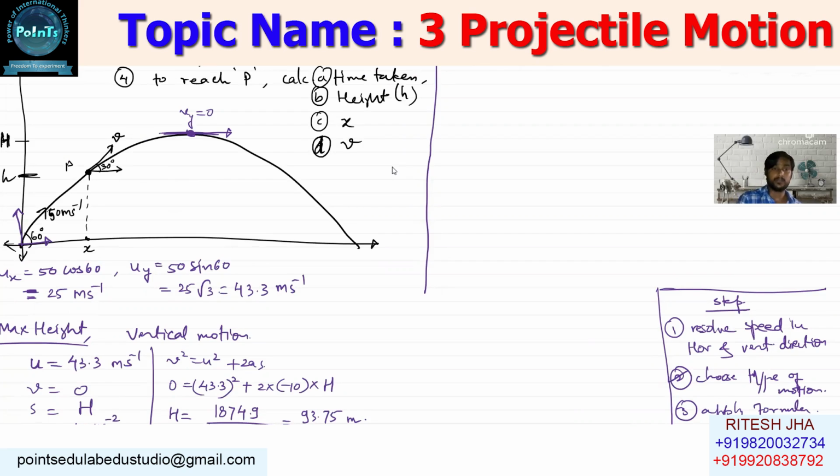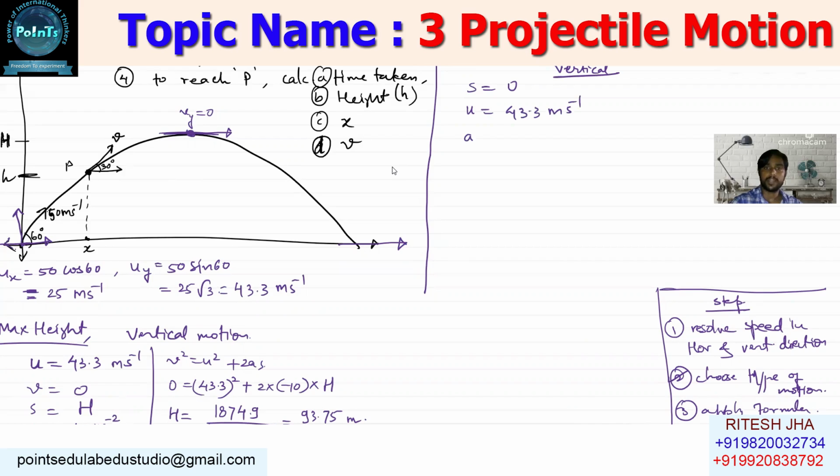So for the vertical motion, when it comes down to the same level, what do you think is the vertical displacement? Zero. It comes back exactly where it started. So vertically, it is 0. Then we know the initial velocity, vertically 43.3 meter per second.